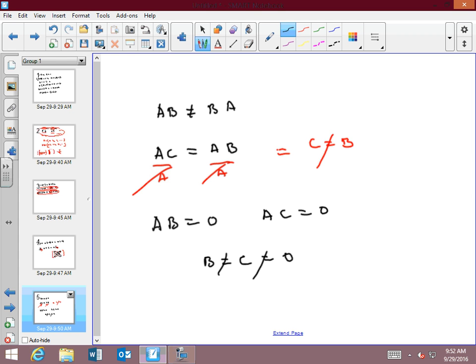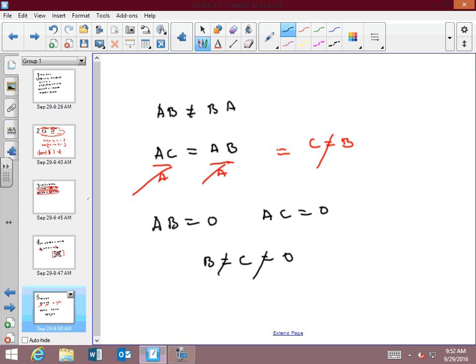You can get a B matrix that when multiplied by an A gives you 0, or a C matrix that gives you 0, and those two don't have to be equal to each other. I mean, it's just counterintuitive. So just be careful. That's what makes linear algebra and matrices really confusing, at least to me. It's just counterintuitive compared to the rules you use when you're dealing with real numbers.